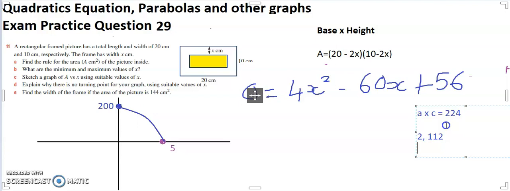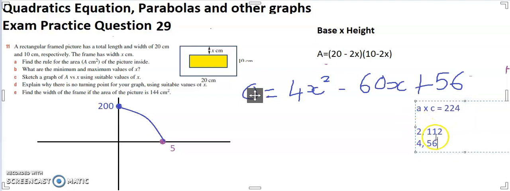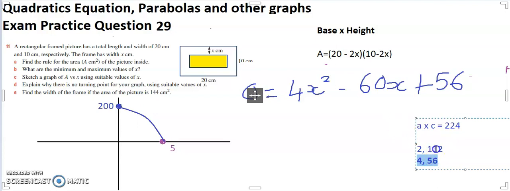I've got 4 and 56. Straight away, I found my two numbers, 4 and 56. And they both need to be negative to equal b, which is negative 60. And if I multiply these together, they equal exactly what I need.